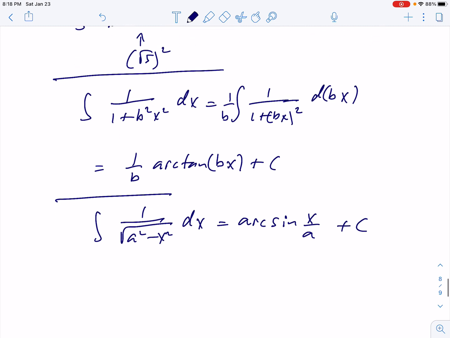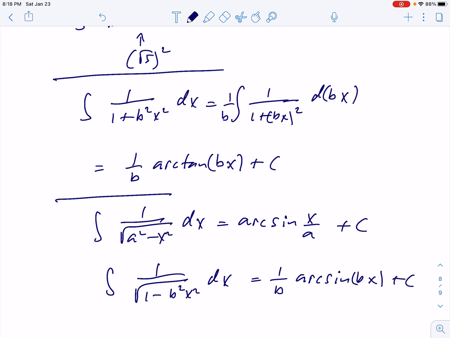Do it yourself. And if you have integral 1 over root 1 minus b squared x squared dx, multiplying top and bottom by b, you can write this like 1 over b arc sine bx plus c.